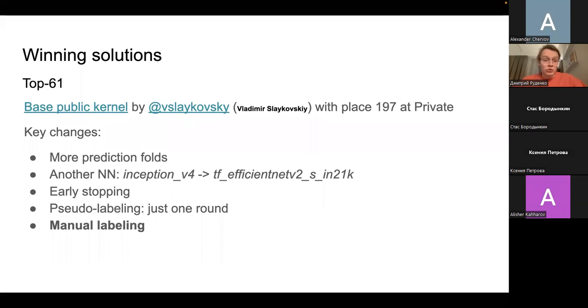The tricks we used: we added more folds. We used yet another neural network, another architecture. We added early stopping for every fold, which Vladimir didn't. One round of pseudo-labeling helped us to achieve a better score.